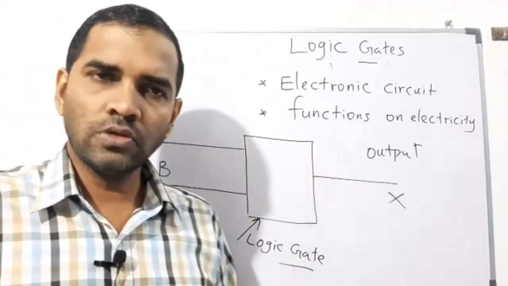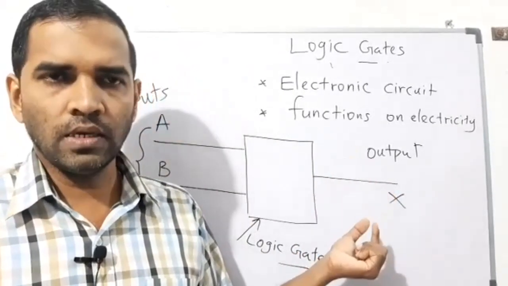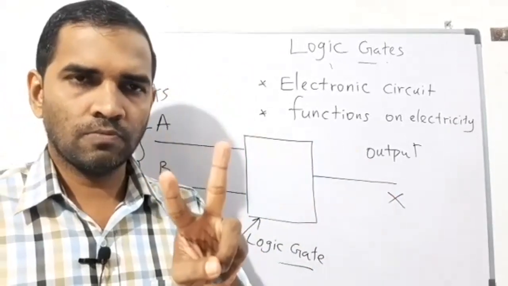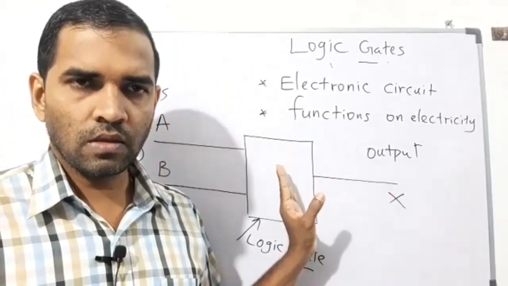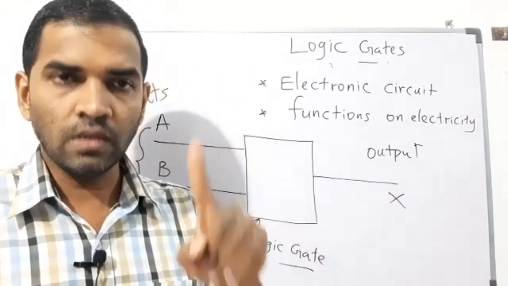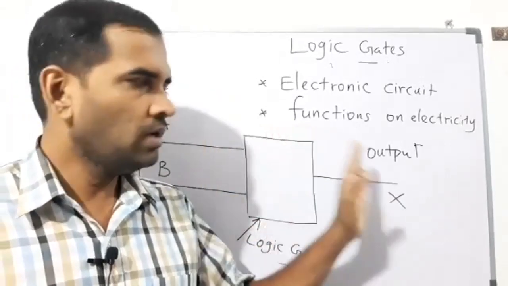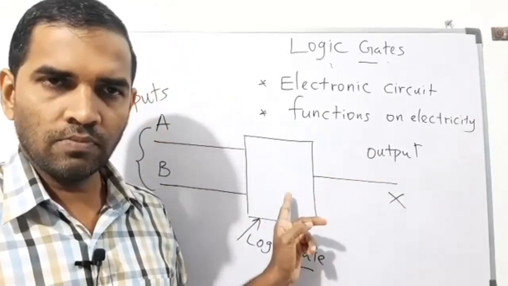So what I'm trying to tell you is the output of a logic gate depends on 2 factors. First one may be the logic gate, because as I told you earlier, we have a number of logic gates, not one. So the output depends on the logic gate.